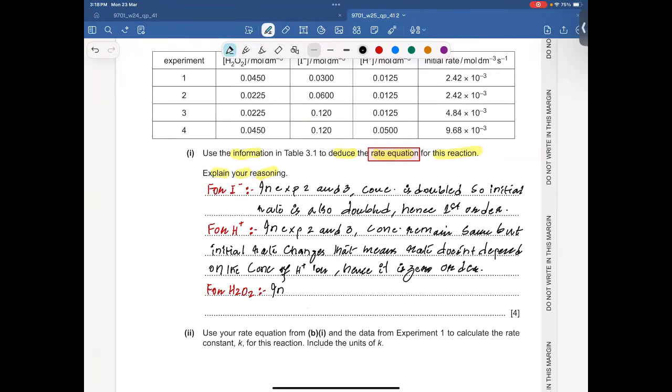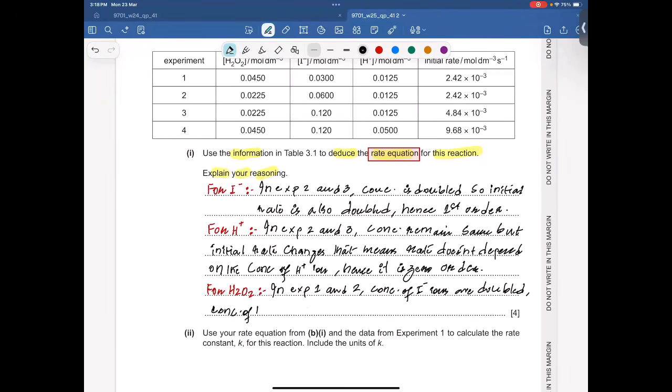In experiments 1 and 2, the concentration of iodide ions is doubled. No change.